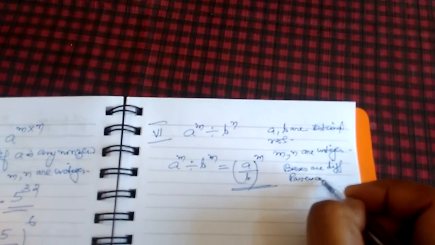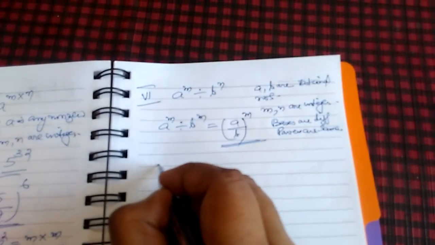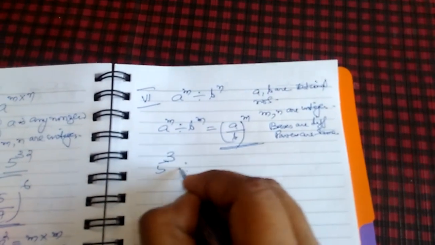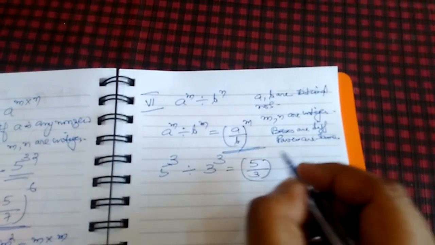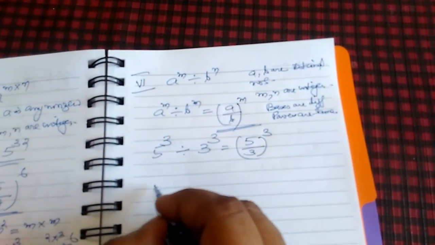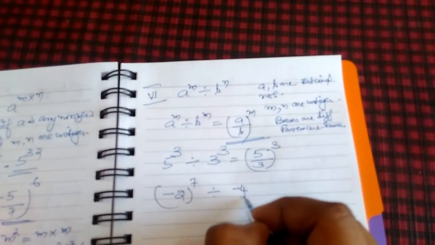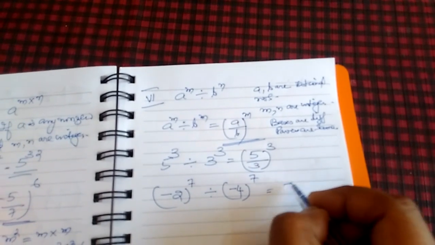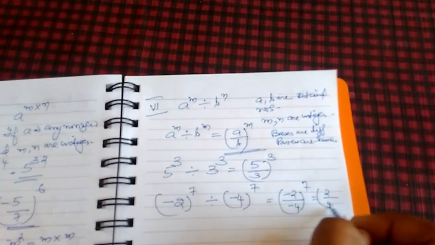So with division, 5^3 divided by 3^3 is (5/3)^3. Like (-2)^7 divided by (-4)^7. What is it? (-2/-4)^7, that is (2/4)^7.